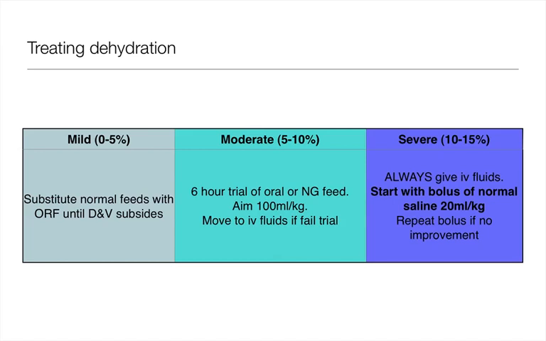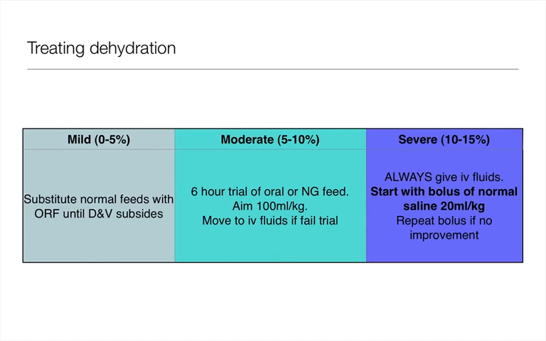For moderate, they tend to do a 6-hour trial of oral or NG feeds, aiming for about 100 mils per kilogram. And this can happen in A&E while the child is being observed. And then they move to IV fluids if the child doesn't respond to this challenge.